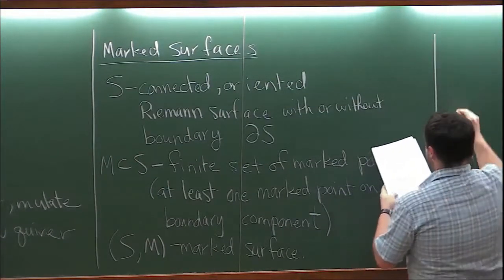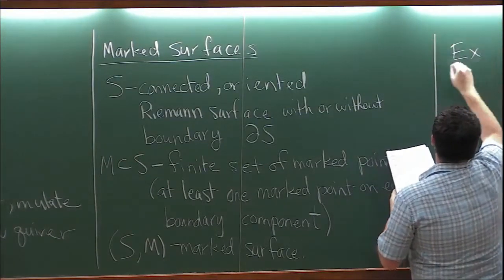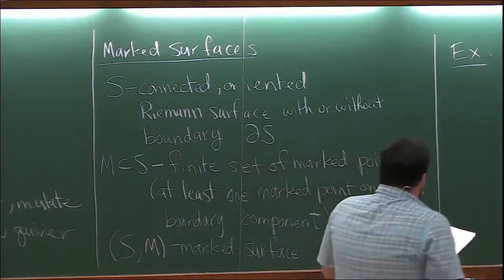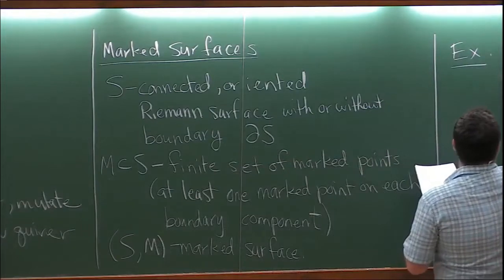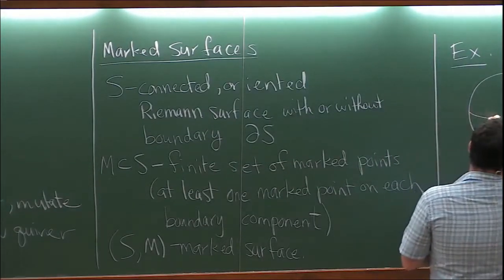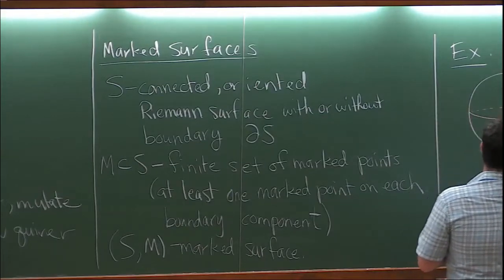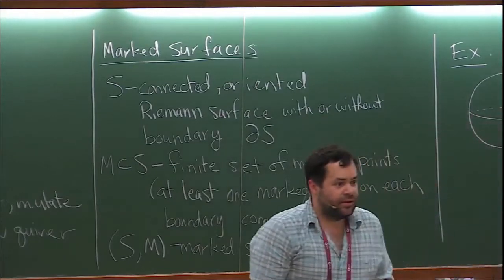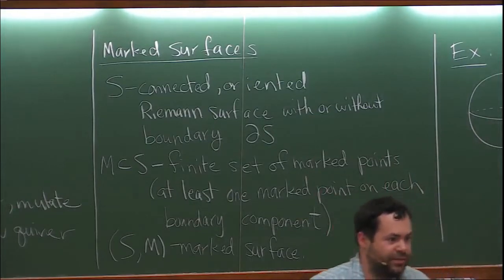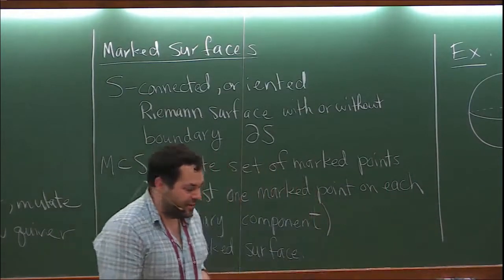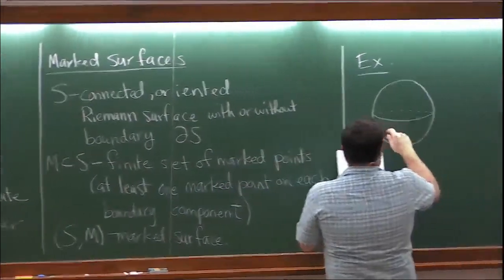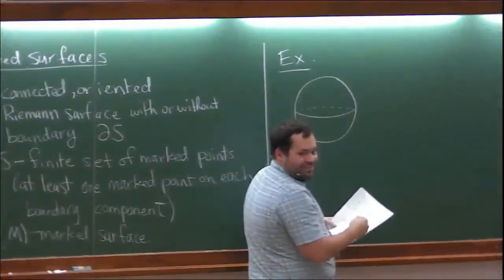So here's a bunch of examples. Here's a genus 0 example. I'll have a sphere. I mean, not projective space or something like this, not something that's not an oriented manifold, or a Klein bottle or something like that.